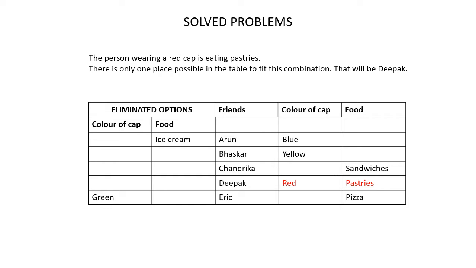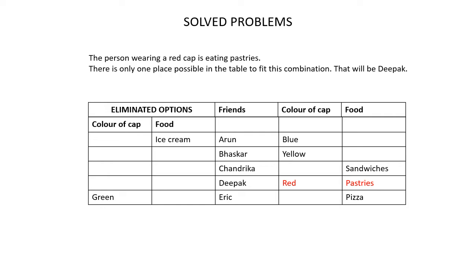But we know that Chandrika eats sandwiches, but it's given that the person wearing a red cap is eating pastries. So clearly, Chandrika is not wearing a red cap. Also, we know that Eric eats pizza. So clearly, Eric is not wearing a red cap.